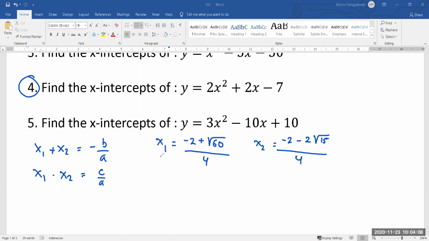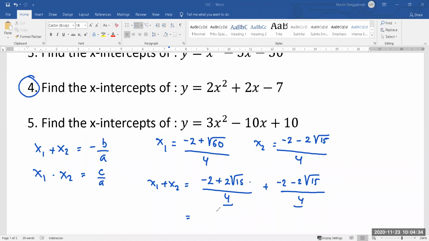let's start by adding. If I add this, I will have negative 2 plus, let's just say, 2 square root of 15 over 4 plus negative 2 minus 2 square root of 15 over 4. If I have addition of fractions and the denominator is already the same, I can just directly combine the numerators.